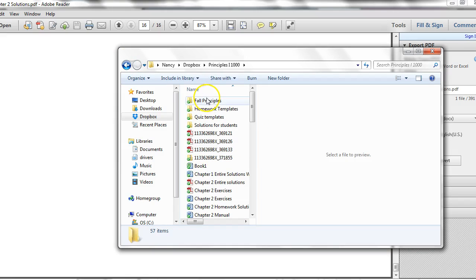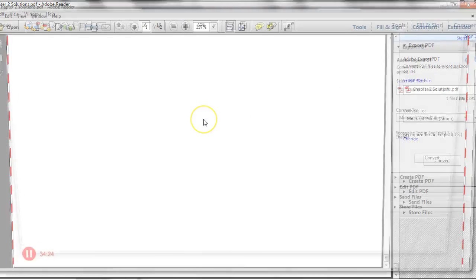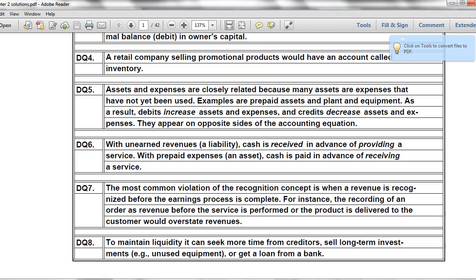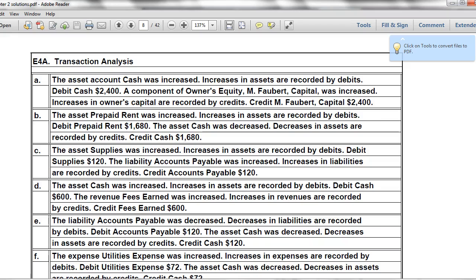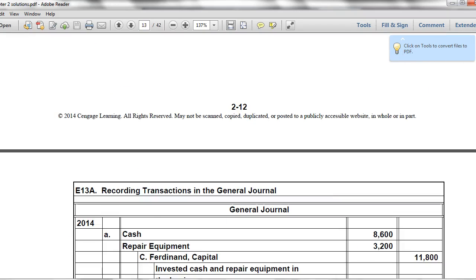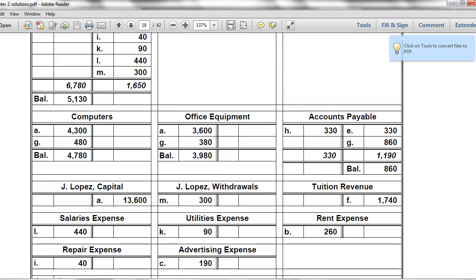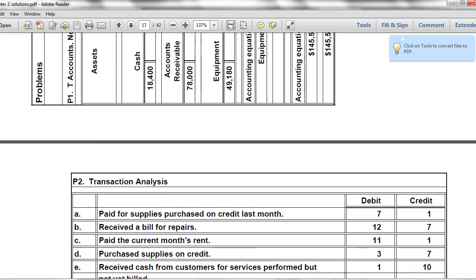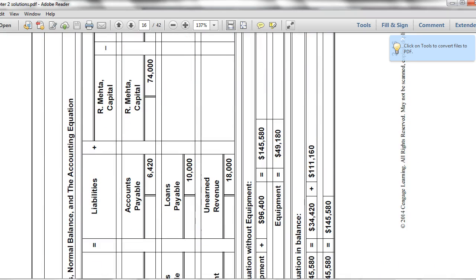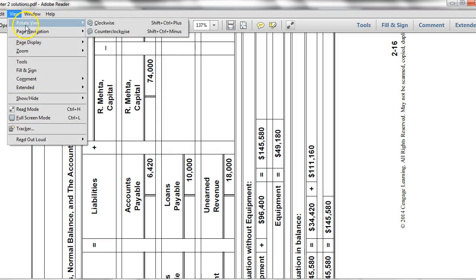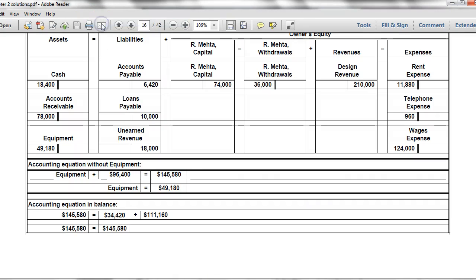Principles. Okay, there I go. Let me bring this down. P1. So I need to flip this. View, rotate view, clockwise.